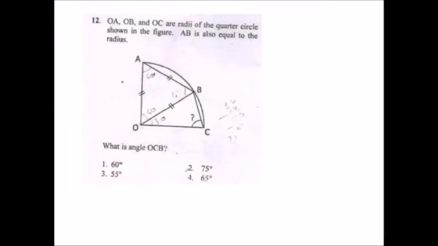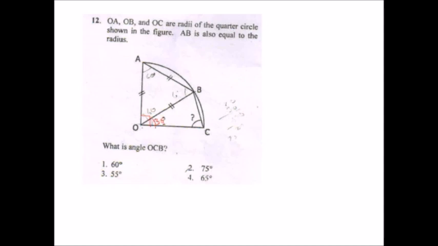Next question. OA, OB and OC are radii of a quadrant of a circle shown in the figure, and AB is also equal to the radius. It means triangle AOB is an equilateral triangle having 60-degree angles. And as this is a quarter circle, it means 1/4 of the circle. This will be the angle of 90 degree, and 90 degree minus 60 degree will be 30 degree.